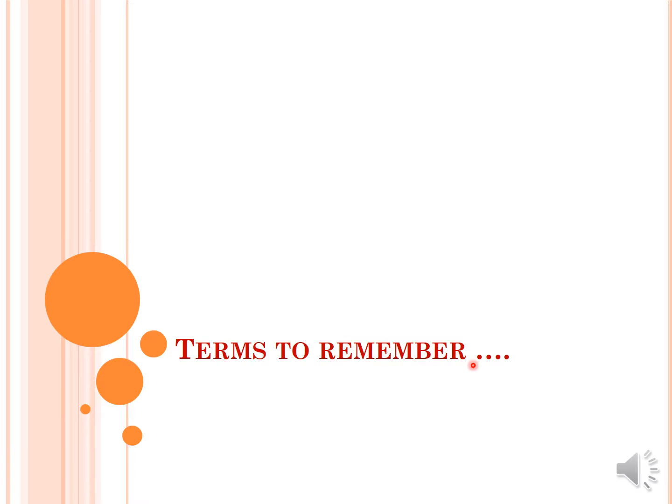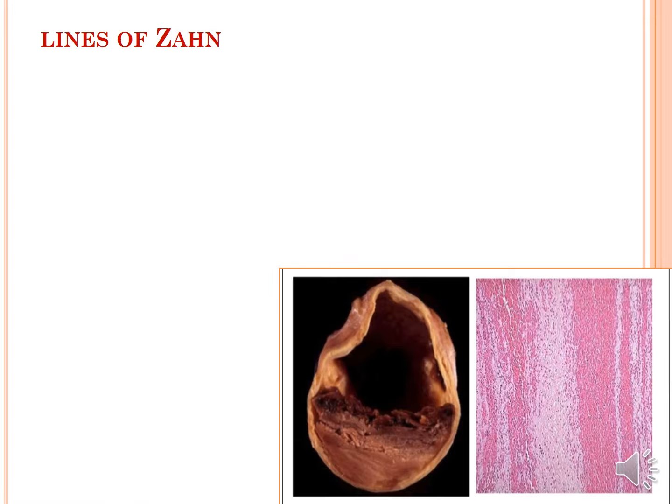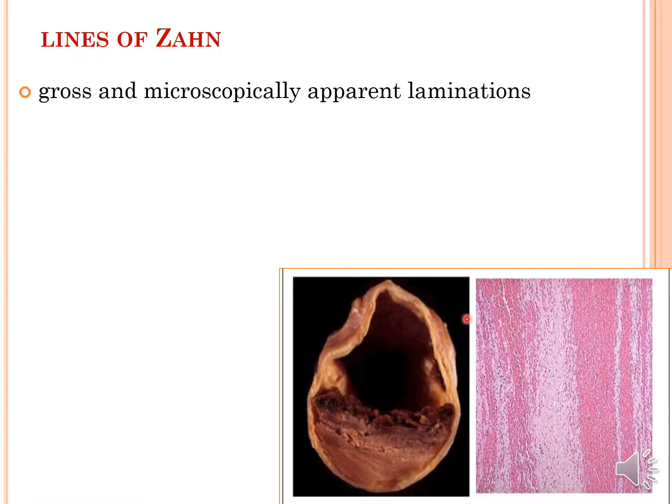There are certain terms that we need to understand and remember whenever we talk about cardiovascular thrombosis. The first one is lines of Zahn. These are gross and microscopic apparent laminations inside the lumen of the blood vessel.